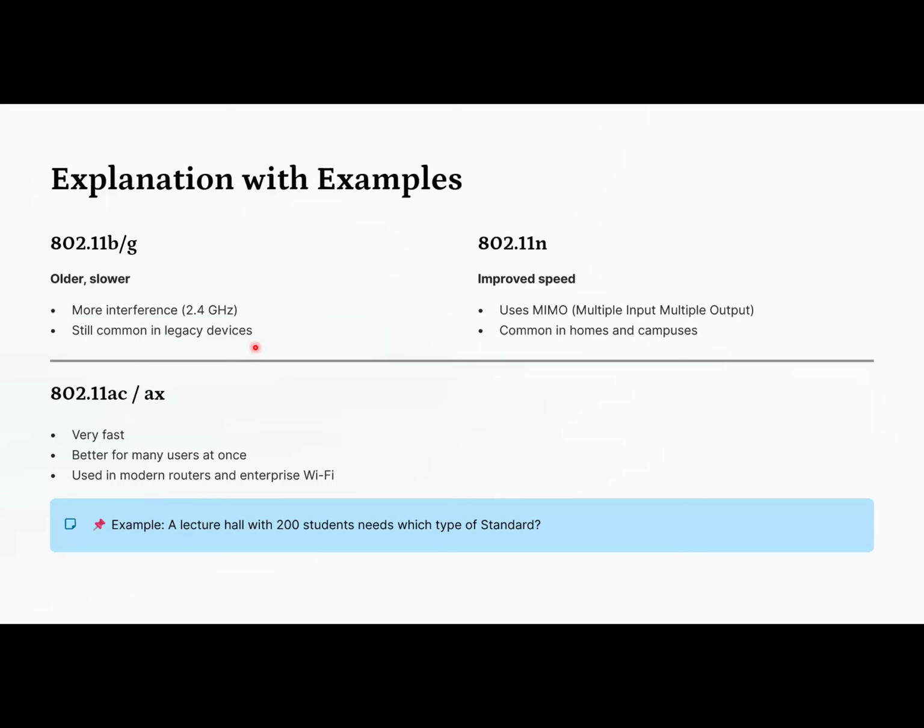And the reason is many Bluetooth devices, cordless phones, microwave ovens, they all use the 2.5 gigahertz standard. Microwave, it uses the 2.5 gigahertz band. So because of that, this particular standard will suffer high interference.